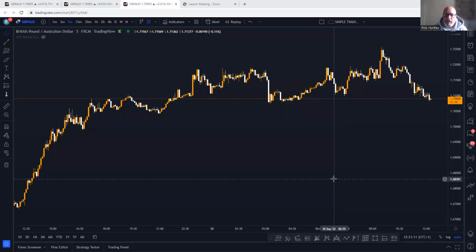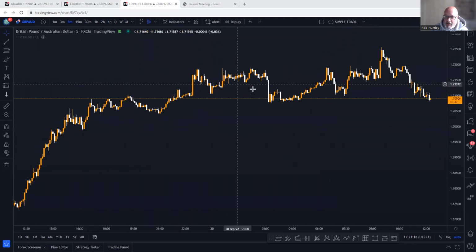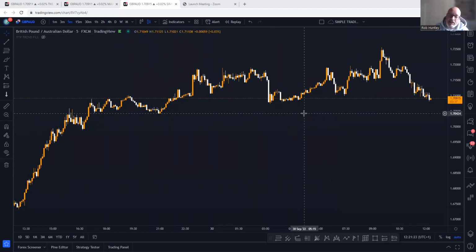Okay, so hopefully you can see that this is the pound Australian dollar on the 5-minute time frame. These are just the colors that I have for the candles, just because I read somewhere that changing the colors of the candles can help with your psychology of trading. Normally the default is green and red candles, green for go and red for stop, red for danger and all that sort of thing.